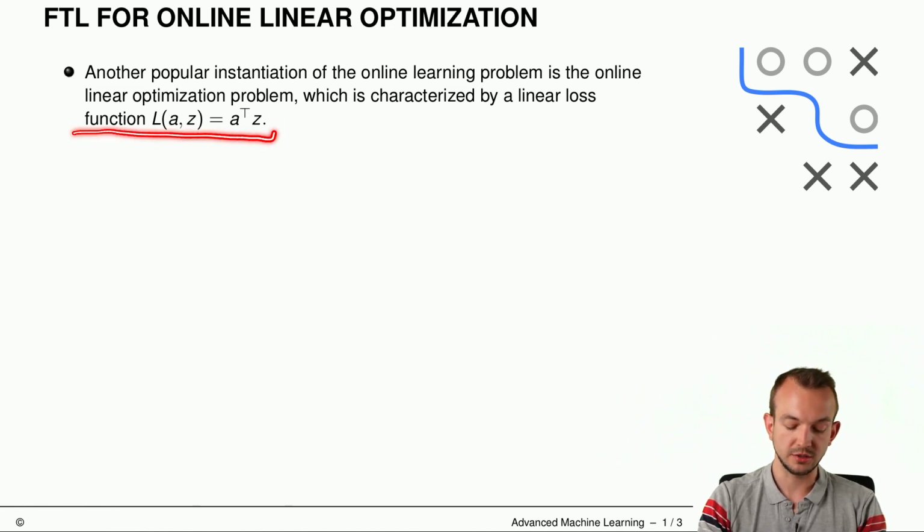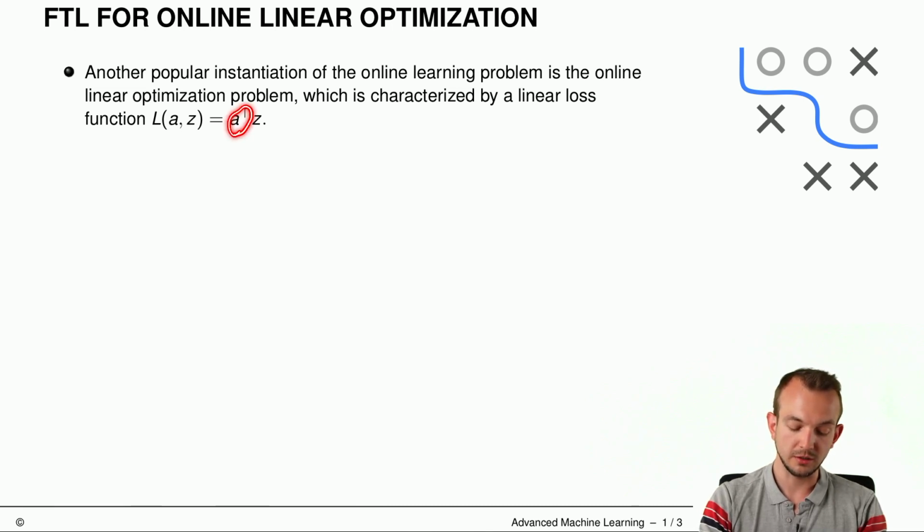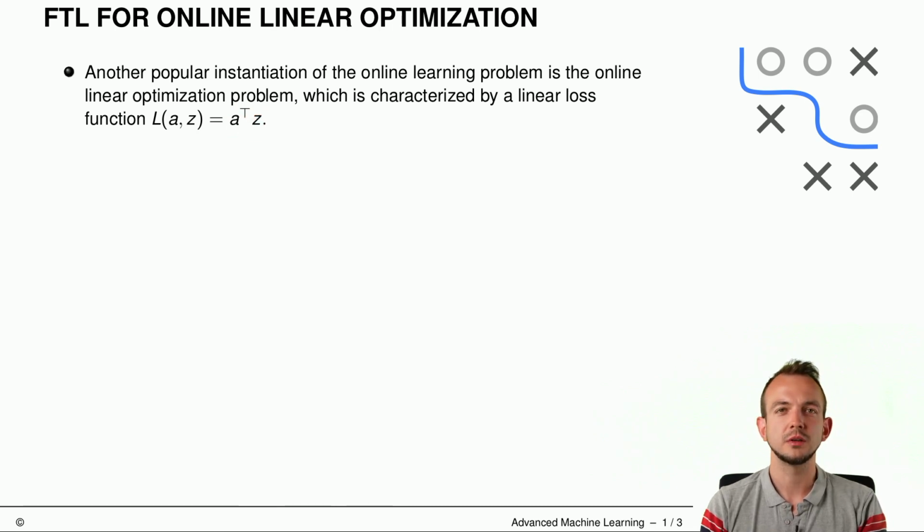Namely, the loss function is a linear loss function in the sense that a pair of action and environmental data points are mapped to their inner product, so A transpose Z. You see why this is called a linear loss: it's linear in the action component, but also linear in the environmental data point component.